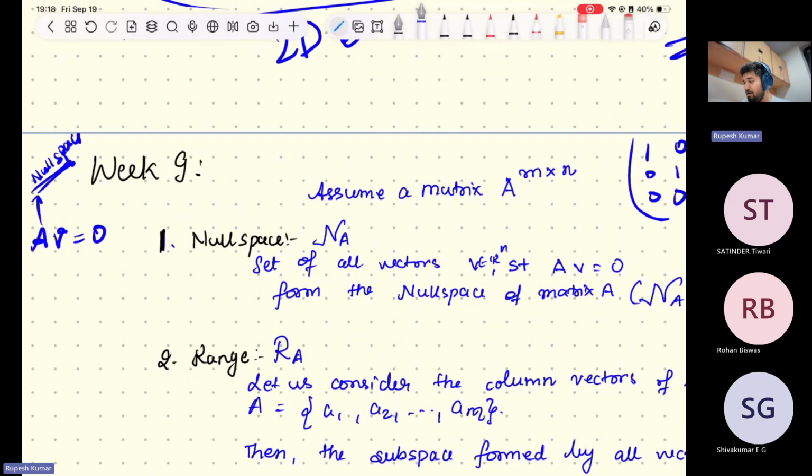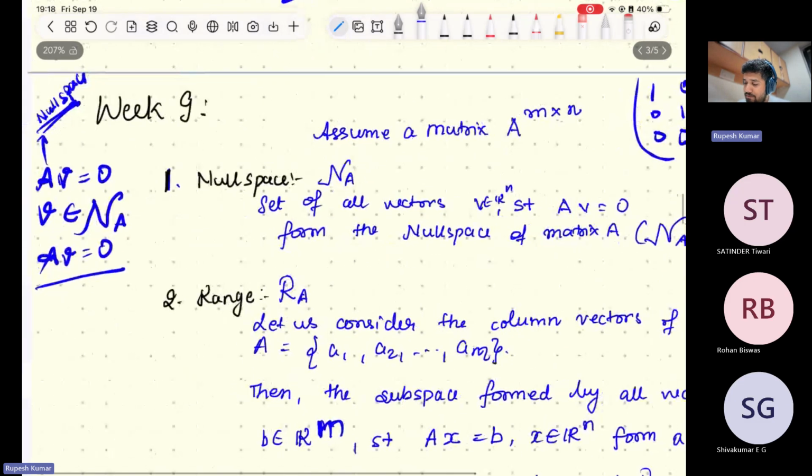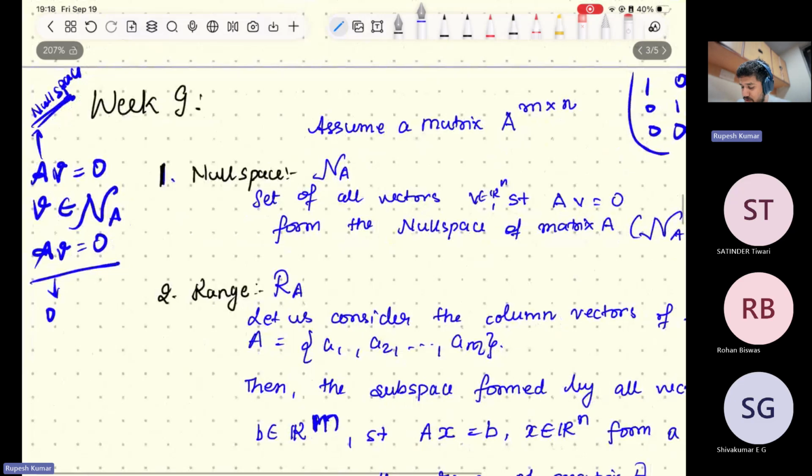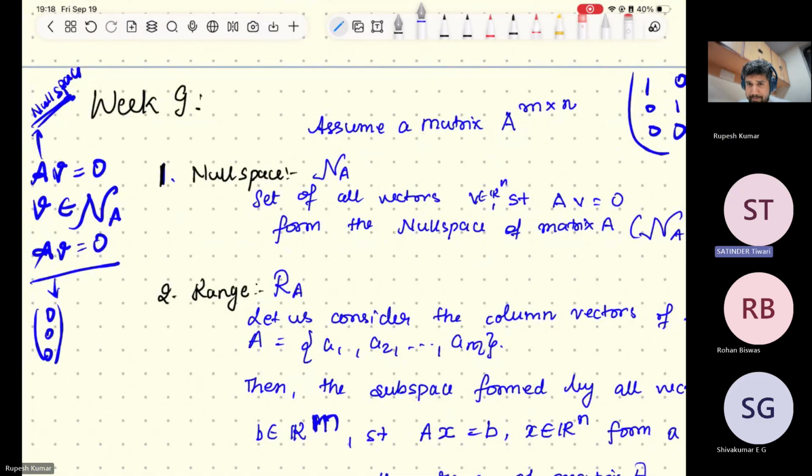The property is that all the vectors belonging to the null space of A should satisfy AV equals 0. If for a given vector V, AV equals 0, then V belongs to the null space of A. Now, what is the trivial null space? The origin, right? The origin, 0, always exists.